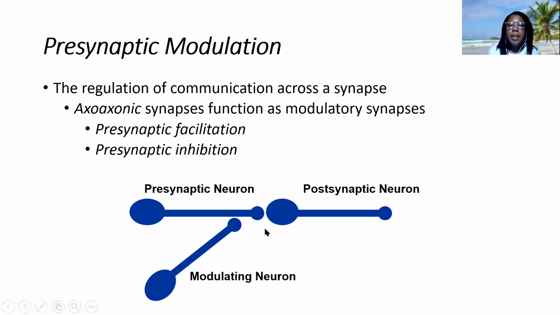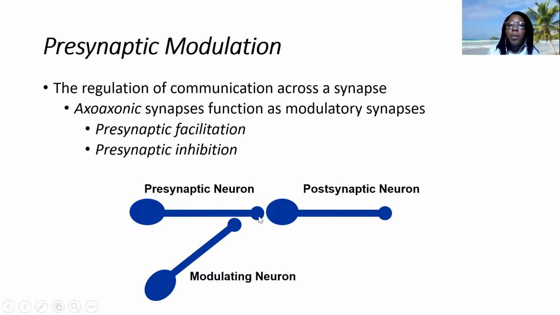So if you remember, we talked about different ways that neurons can synapse on each other. We had the most common type, the axodendritic, which is the axon terminal synapsing onto the dendrites of that postsynaptic neuron. And one of the mechanisms that we said was pretty rare, not as common throughout the body as some of the others, was the axoaxonic synapse, where one axon terminal is synapsing onto another axon terminal.